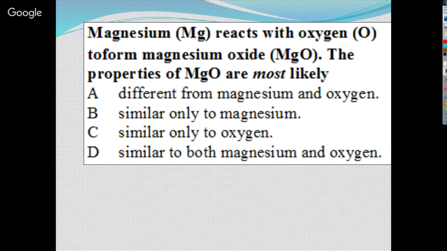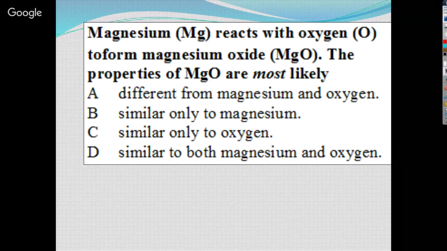I mean, think about it. Does a white powder like chalk resemble a metal? No. Does the white powder, like chalk, resemble clear air? No. So does the magnesium oxide, that's what it's called, resemble either of them? No. When you make a compound, it creates something brand new that resembles nothing of what you originally had. Completely new. And that's why we say science is the only magic in this world.